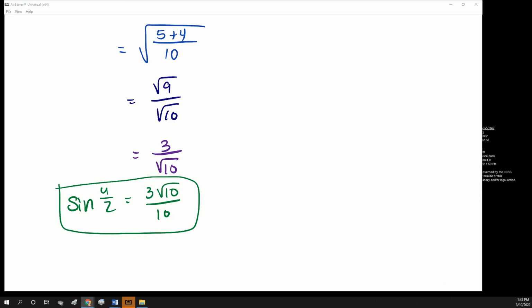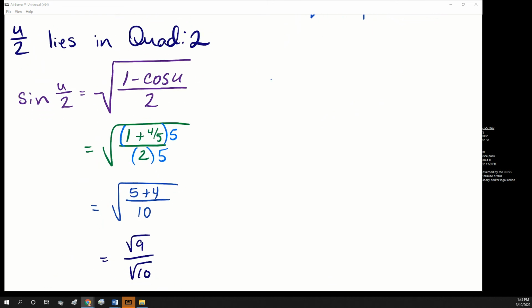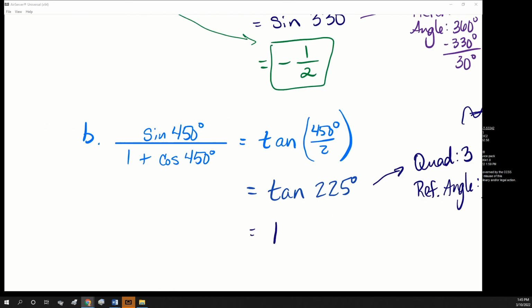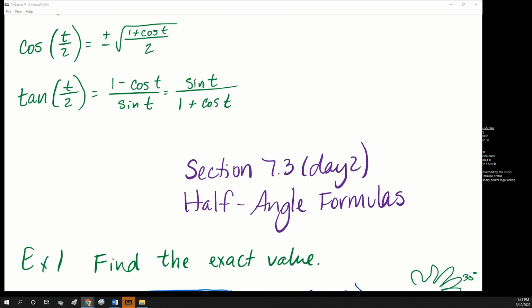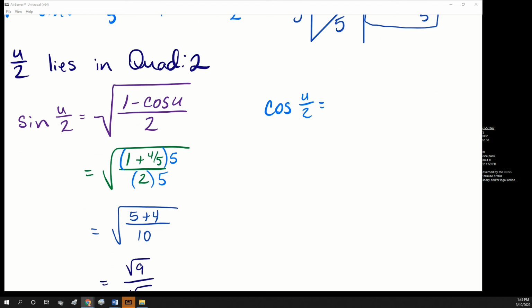All right, and now we're going to do it all over again for cosine of half of u. All right, now we know that u over 2 lies in quadrant 2, and if we're going to do the cosine, we are going to use the cosine formula, and if it's quadrant 2, we're going to take the negative square root for the cosine.